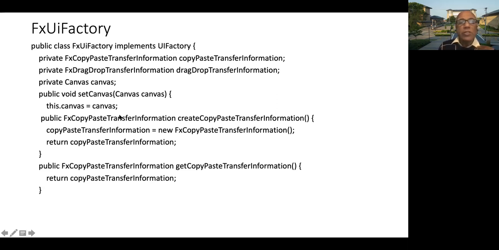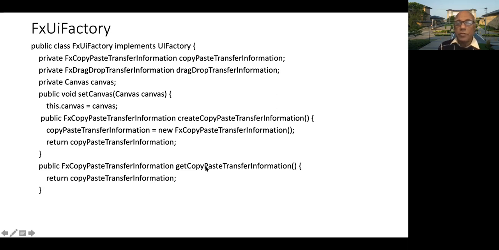We are not going to get into the details of this, but you can get a sense of what we are doing here. When we create copy paste transfer information, we create an object of type FX copy paste transfer information. This is not a very pleasant class to look at. It has lots and lots of FX related code in it. It is pretty hard to understand.